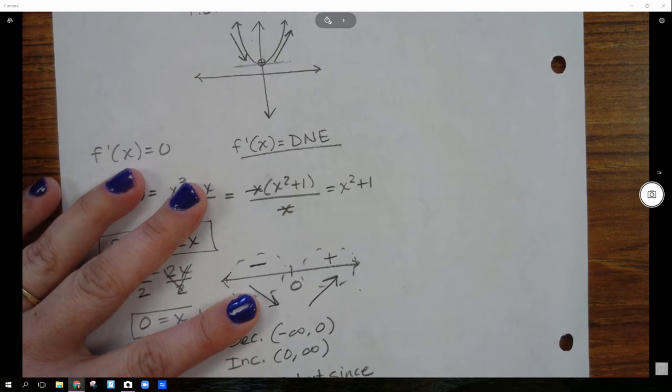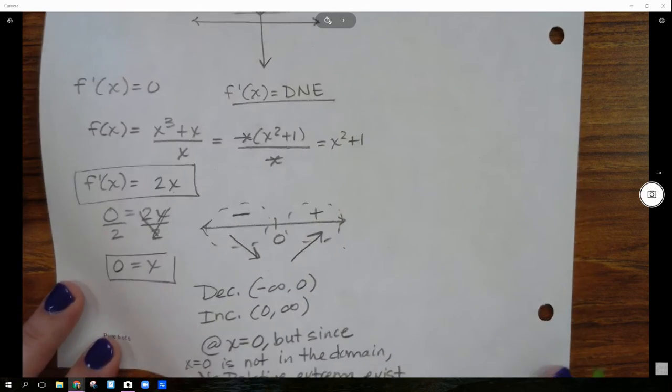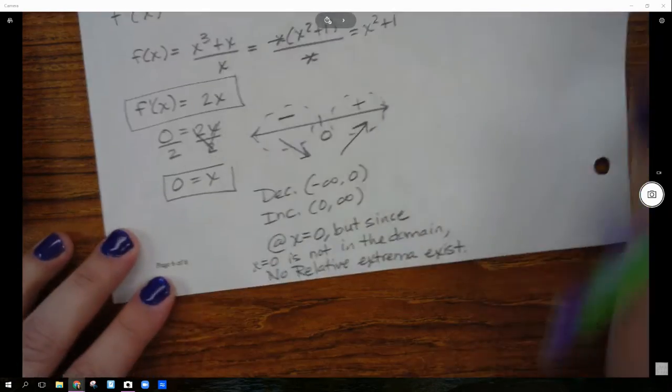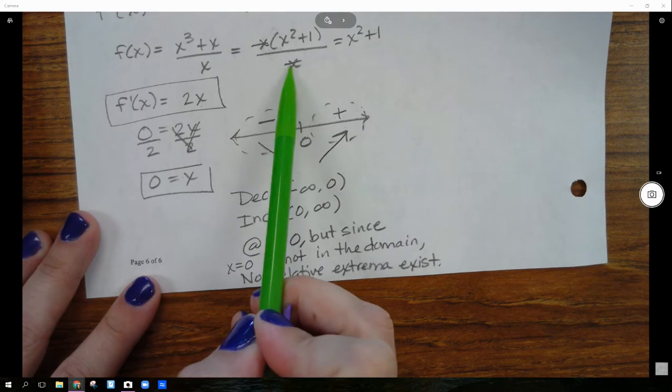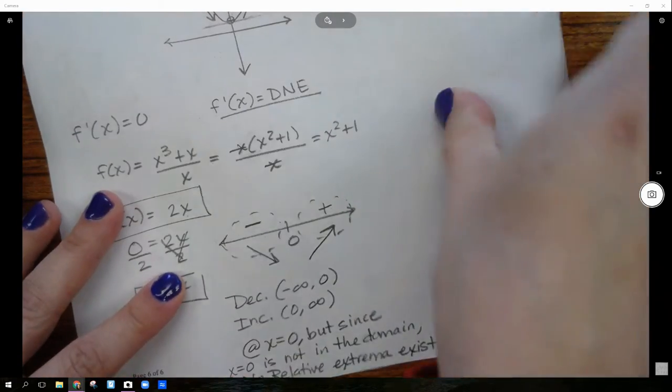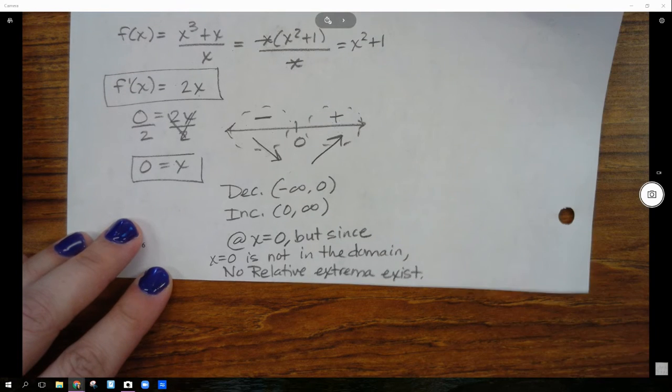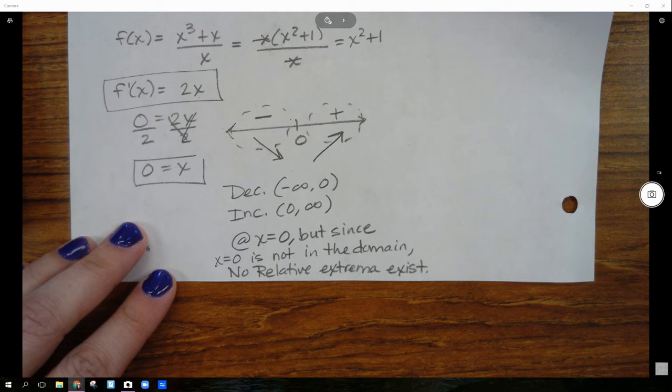Okay, remember when we canceled. I didn't realize you couldn't see all that. There you go. At x equals 0, but since x equals 0 is not in the domain, no relative extrema exist. When we canceled these x's out, we pulled that value out of the function. So x equals 0 no longer is part of the domain.